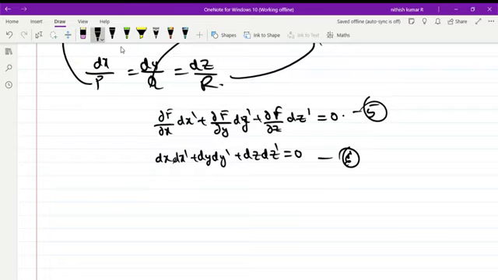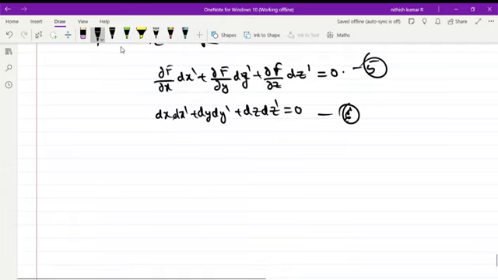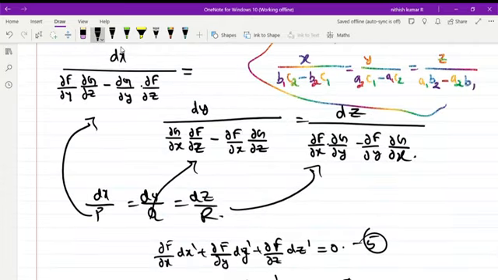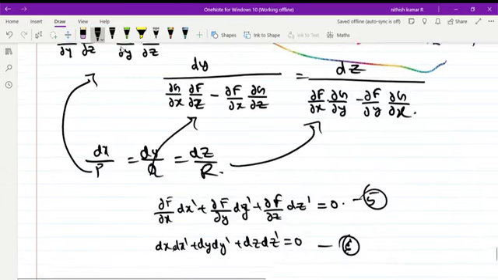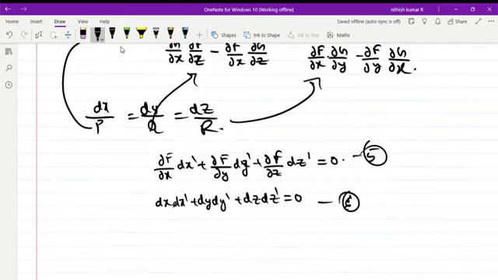since these three ratios are equal, my dx is directly proportional to p. Moreover, using this we get p into dx dash, because dx is directly proportional to p. So I can replace it by p dx dash plus q dy dash plus r dz dash is equal to 0, because these three ratios are equal.